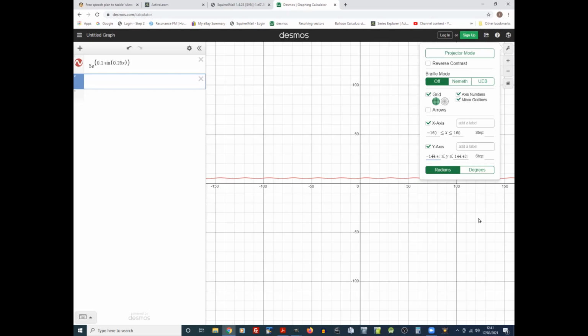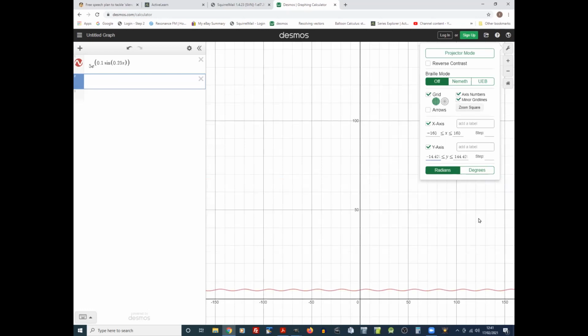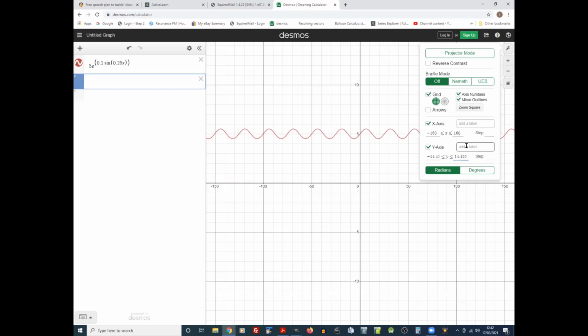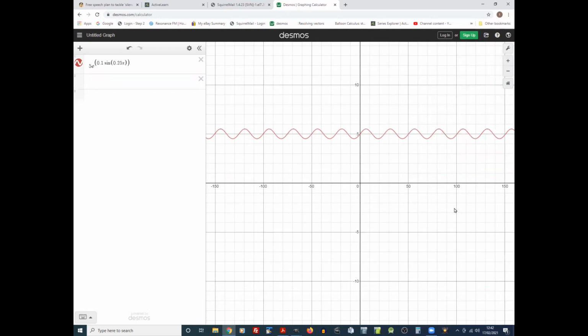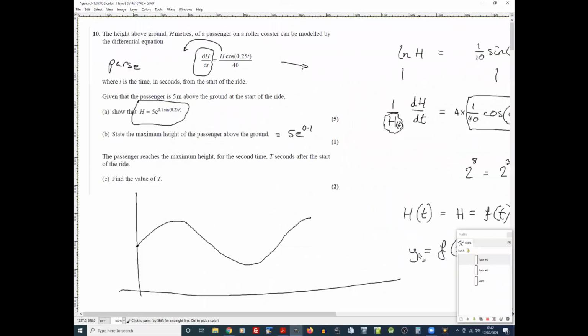If we make that a much smaller number, then we get a more pronounced aspect there, and we can see that it is perfectly periodic. Yes, just like a sine wave, pretty much. Starting at 5, going up. Interesting.